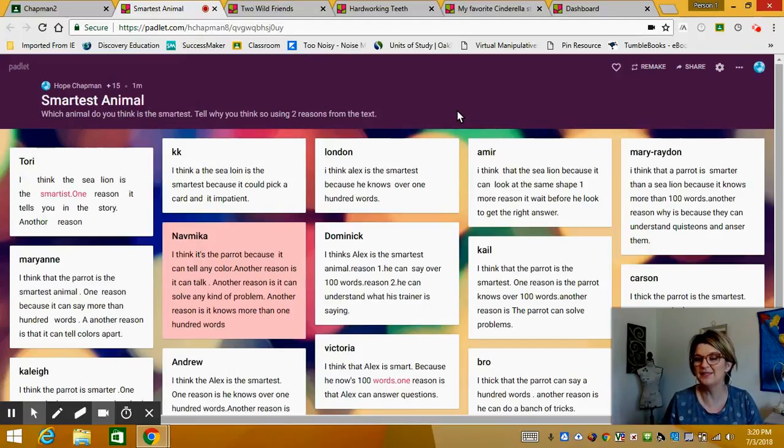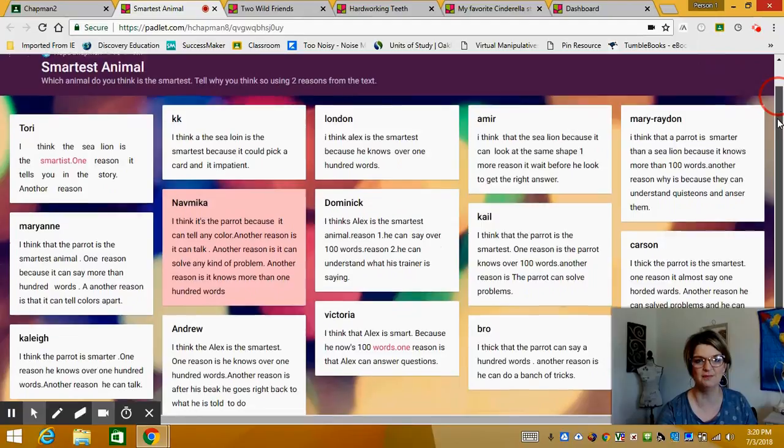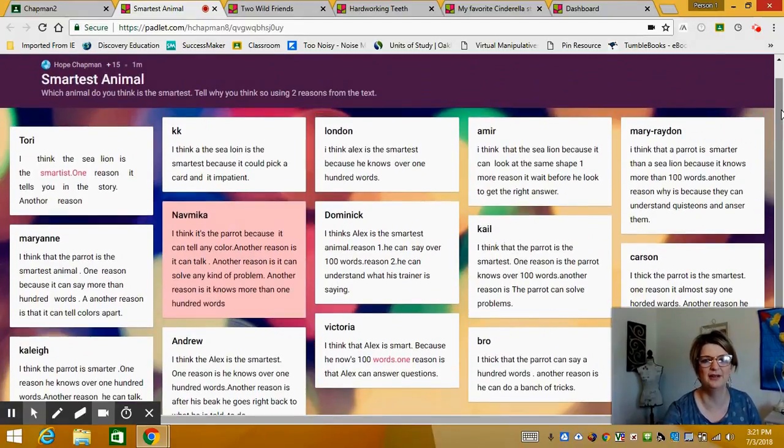And a lot of times, even after that share time, I'll ask them to go back into Padlet and see what they could do to kind of freshen up their answers to make it an excellent answer that I would be proud of and that they feel proud of. You'll notice, like on this particular Padlet, about what animal do you think is the smartest, we went back and we selected a student who did a great job in answering that.